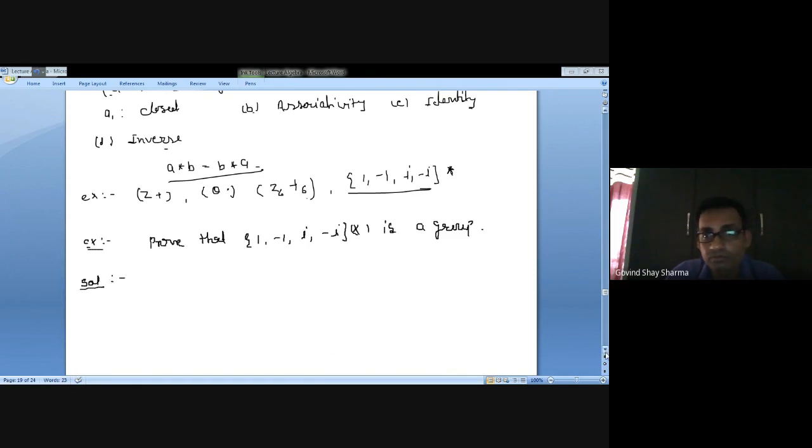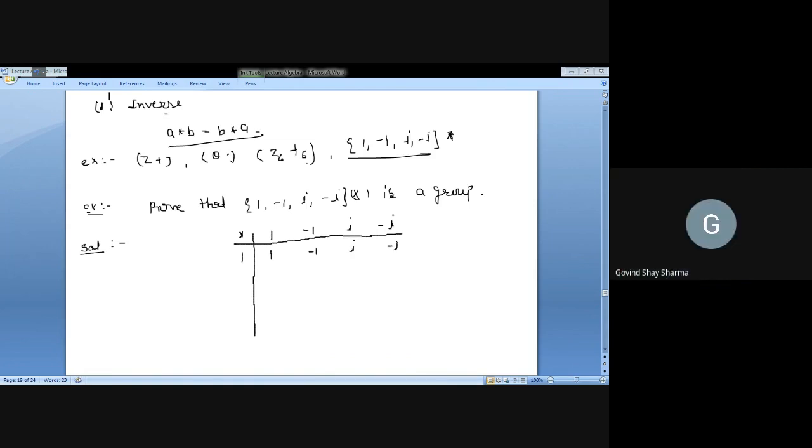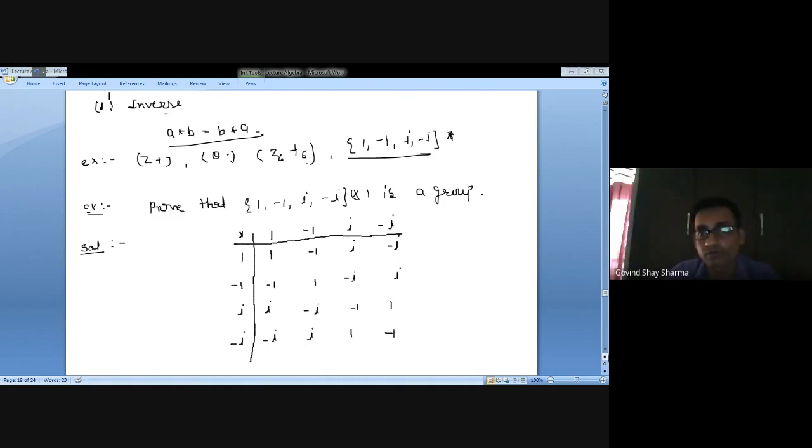This is a finite group, so we can make a table. 1, minus 1, iota, minus iota. Multiply with 1, we get 1, minus 1, iota, minus iota. Multiply with minus 1, we get minus 1, 1, minus iota, iota. Multiply with iota, we get iota, minus iota, minus 1, 1. Multiply with minus iota, we get minus iota, iota, 1, minus 1.